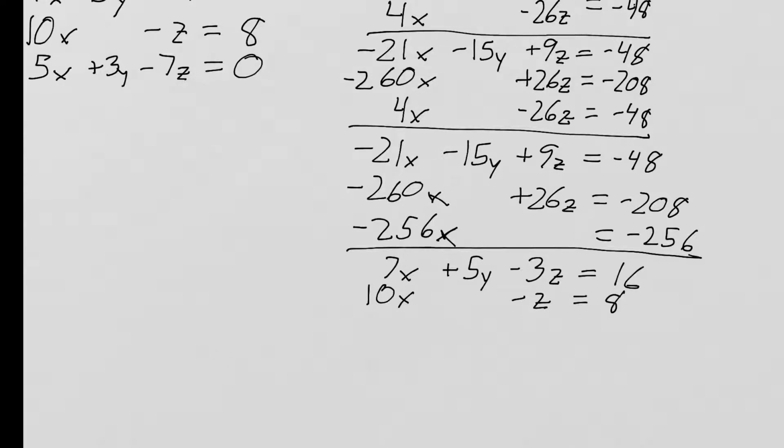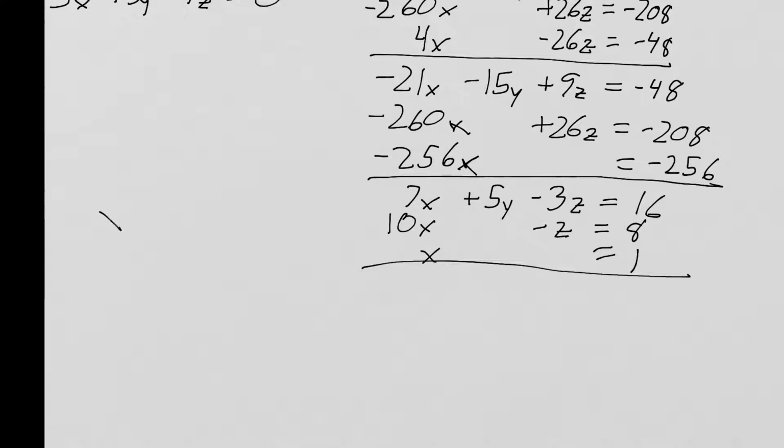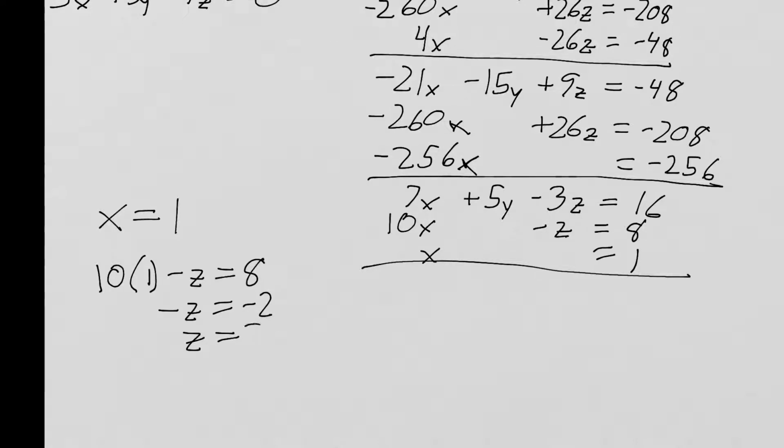In the bottom equation, I have the common factor of negative 256, so I can just go to x equals 1. Well, now we know that x equals 1. And now the second equation just has x and z, so it becomes 10 times 1 minus z equals 8. So I subtract 10 from both sides. I get negative z equals negative 2. Dividing by the negative 1, I get z equals 2.